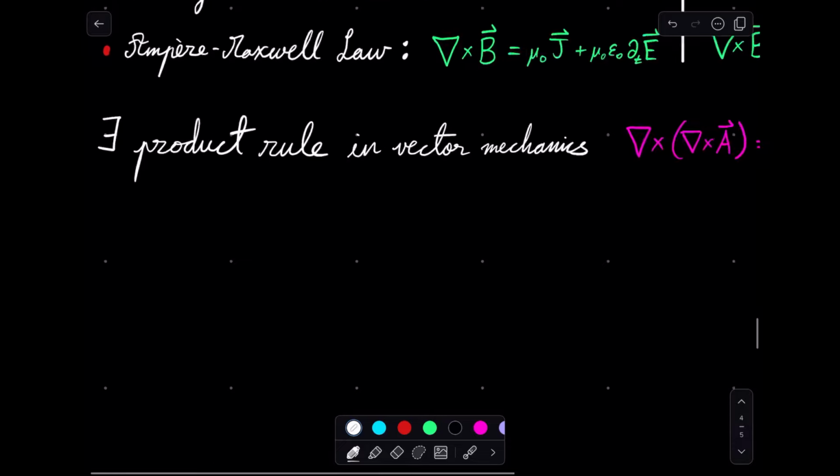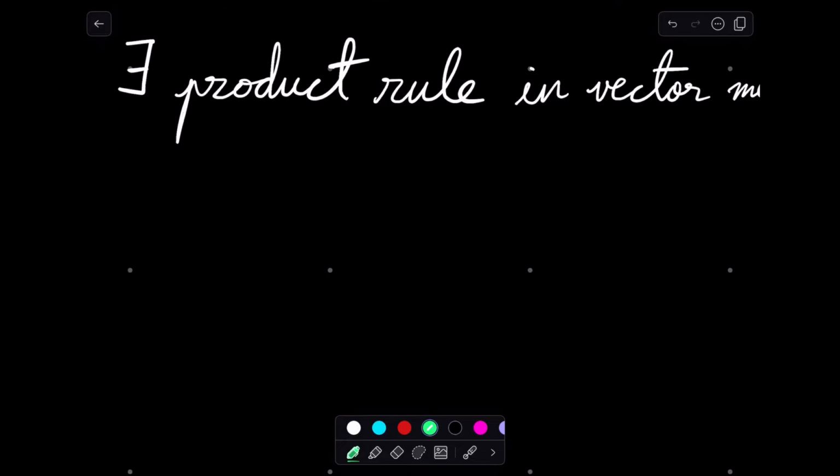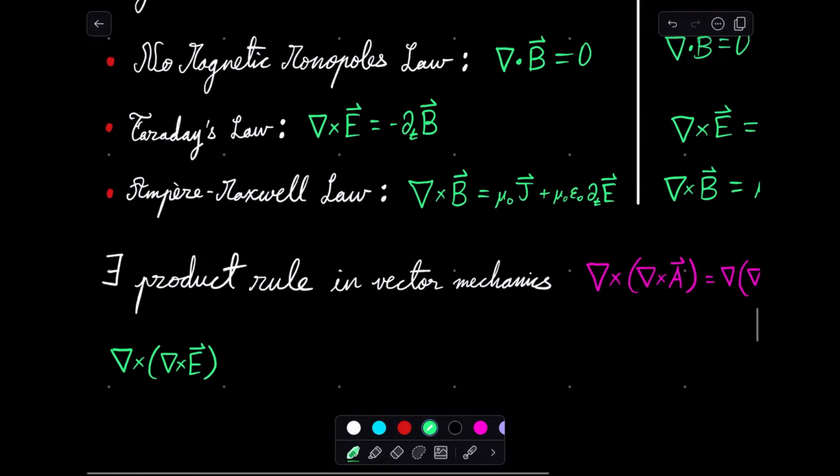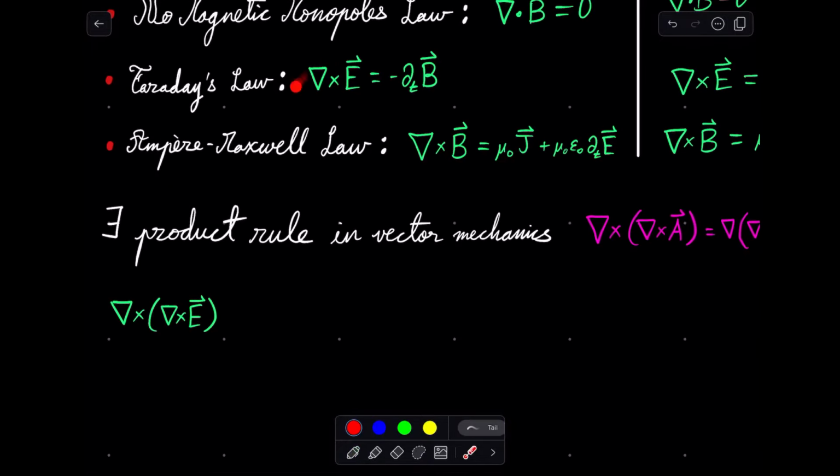So first, you take the curl of the electric field. Now, because of Faraday's law up here, this is the same as taking the curl of the negative change in time of B. This right here comes from this.